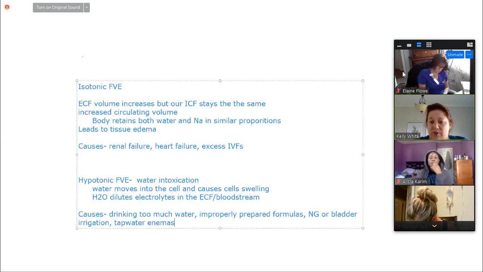So normally you would just use water to do that, or do your tap water enemas with water. But water, like we said, it dilutes everything, or we call it free water. It doesn't have all the electrolytes in it that you need. So we may switch up and have to do normal saline for those irrigations if they end up having this problem.